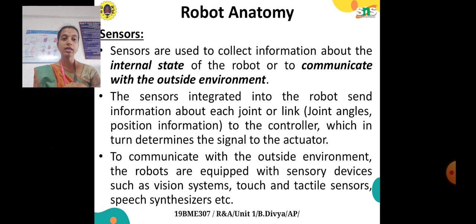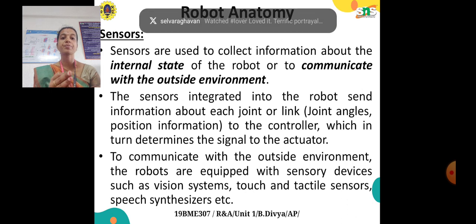The sensors integrated into the robot send information about each joint or link to the controller, which in turn determines the signal to the actuator. To communicate with the outside environment, robots are equipped with sensory devices such as vision systems, touch and tactile sensors, speech synthesizers, etc.